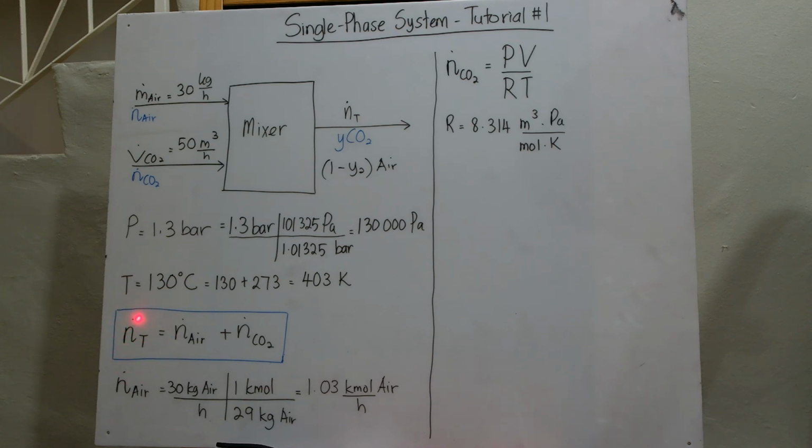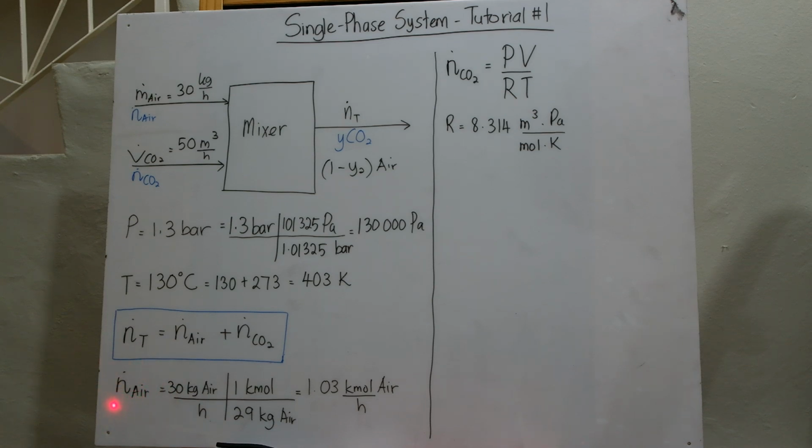The molar flow rate of the product stream will equal the molar flow rate of air that goes into the mixer plus the molar flow rate of carbon dioxide that goes into the mixer. Then you will obtain the molar flow rate of the product, which I noted as the total molar flow rate of the product stream. Okay, to find the molar flow rate of air is easy because this system is an ideal gas, so we'll just do it like this.